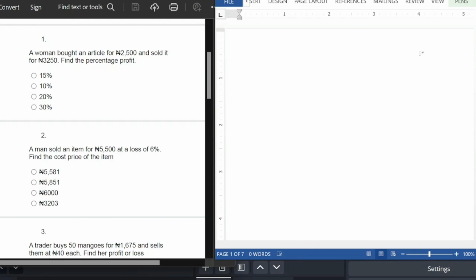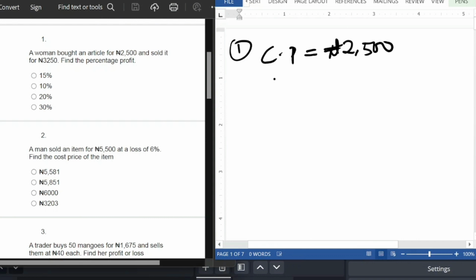So here, the first thing is the cost price. What's the cost price? 2,500 naira. Then the selling price is 3,250. So we need to check. Since the selling price is more than the cost price, that means there is profit.